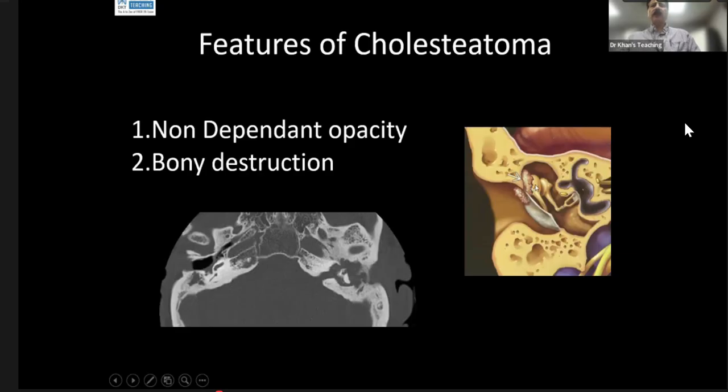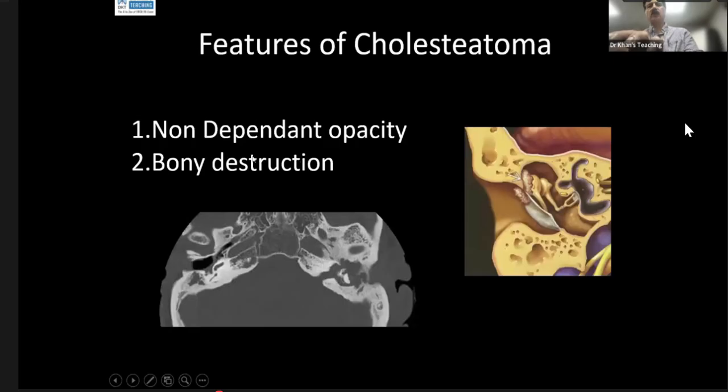Key findings on a CT scan are two. One is non-dependent opacity with bony destruction. Where and how the bony destruction will be, we will see. But how good are we on a CT scan to diagnose cholesteatoma? Our sensitivity and specificity is not very good, which is obvious.